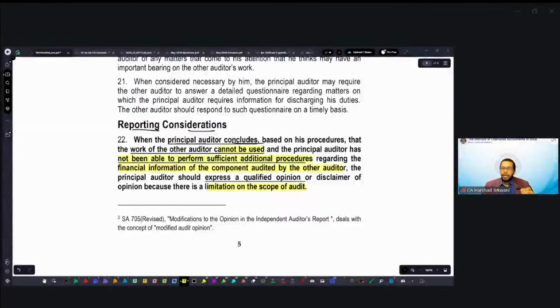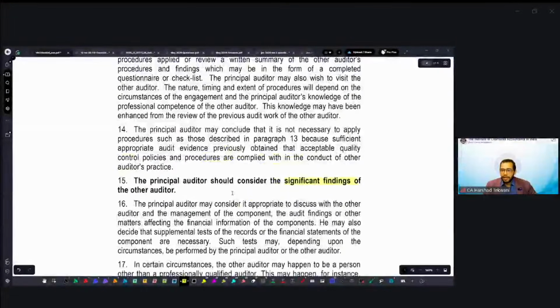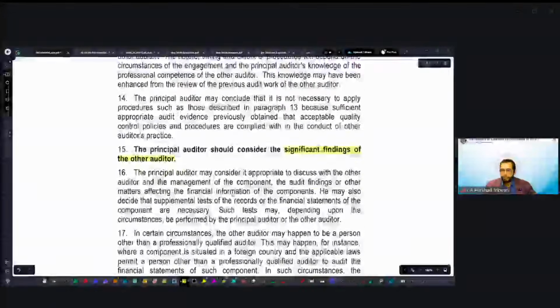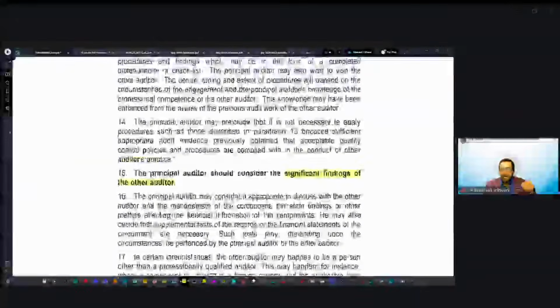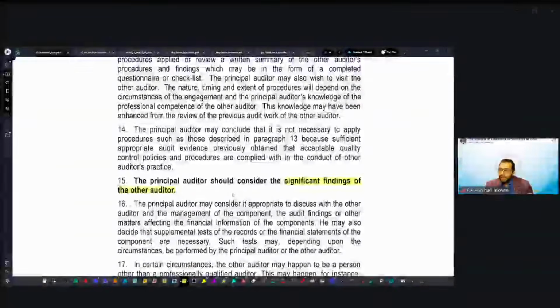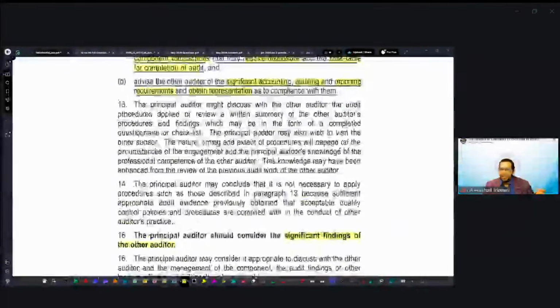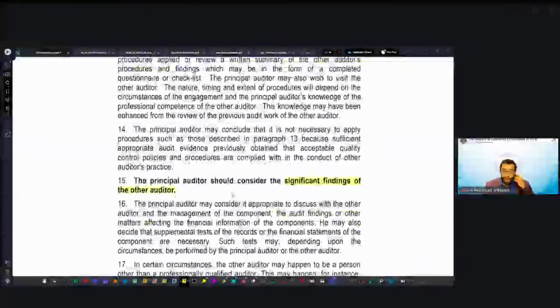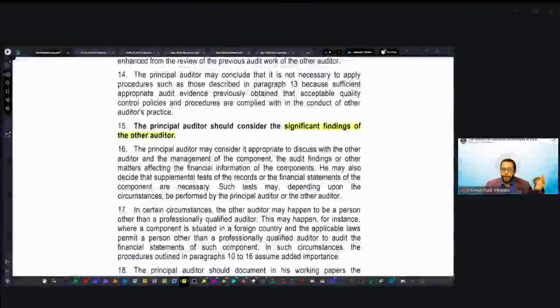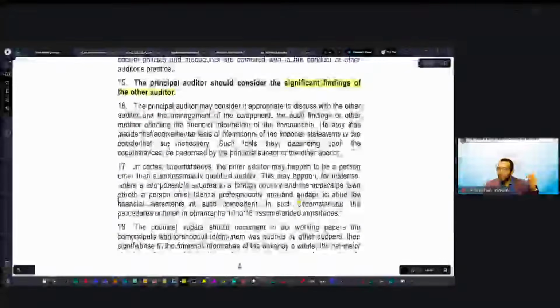The principal auditor has to evaluate the findings reported by the other auditor, and how they are impacting the consolidated financial statement. If he thinks that the findings or the qualifications of the component auditor are material from the perspective of the consolidated financial statement, based on the materiality provided, qualify.